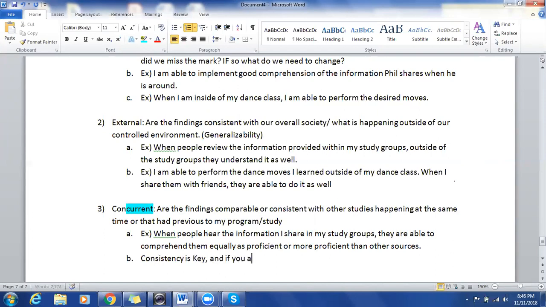And if you are failing to meet the goals identified, what changes are needed to make the adjustment?